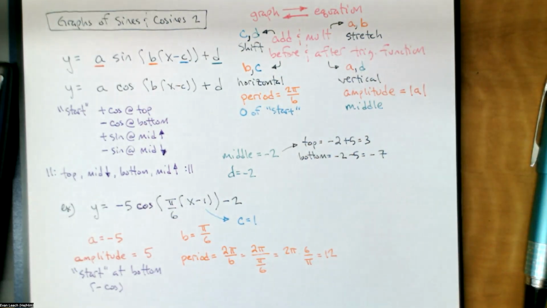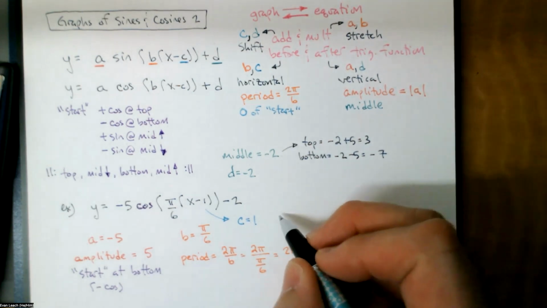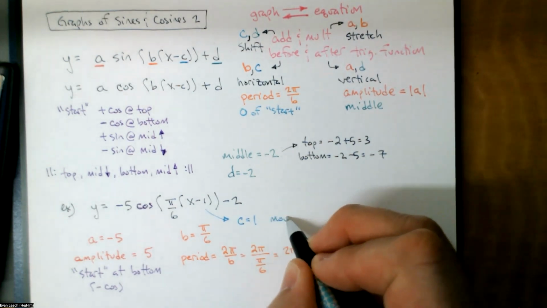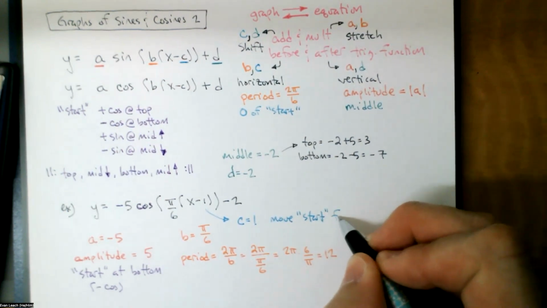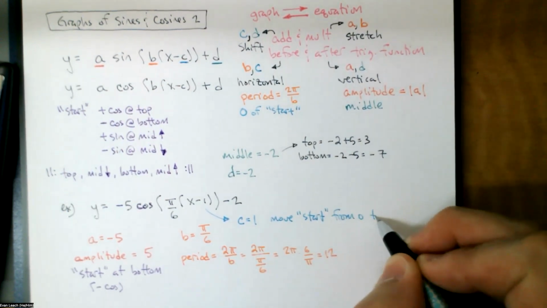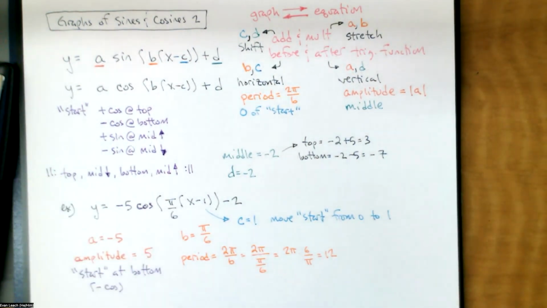So instead of starting at 0, we're going to start at 1. And now we have all the pieces that we need.